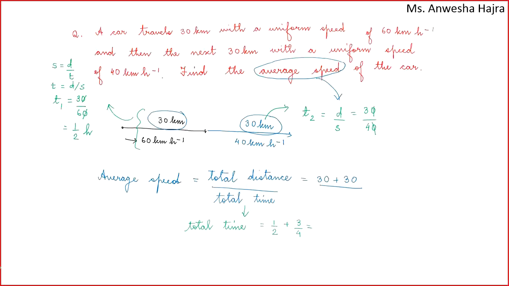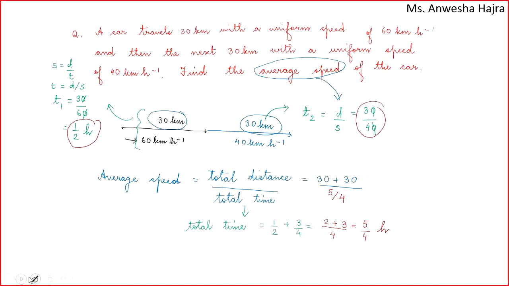You are going to add these 2. So 4 is the LCM. 2 plus 3, 5 by 4 hour. So total time is 5 by 4 hour.